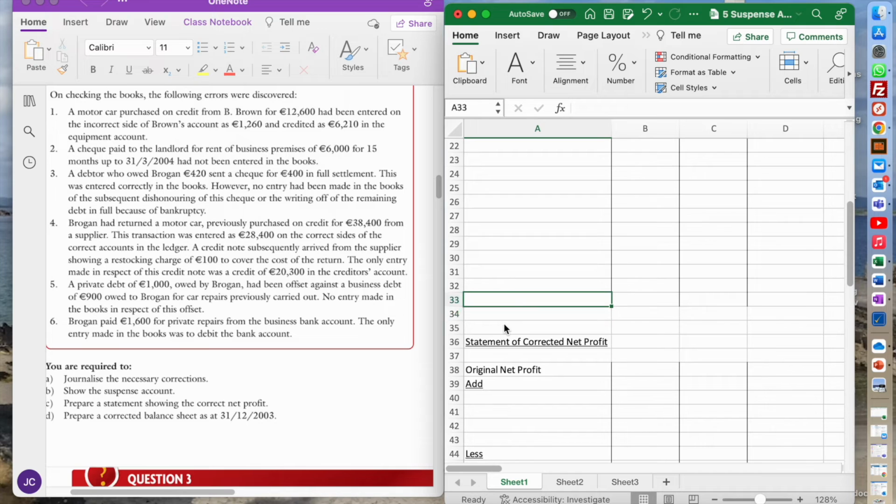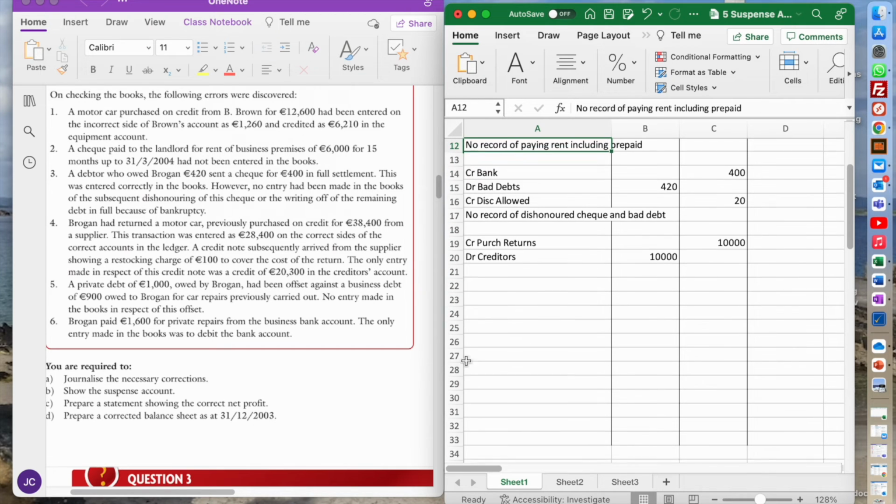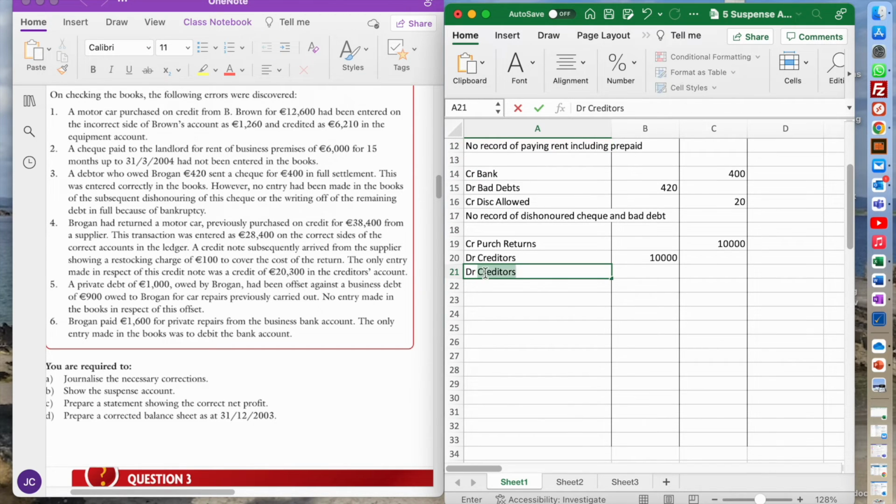So back over here, purchase returns. So we have a debit in purchase returns, 100, and we have 100 in creditors.